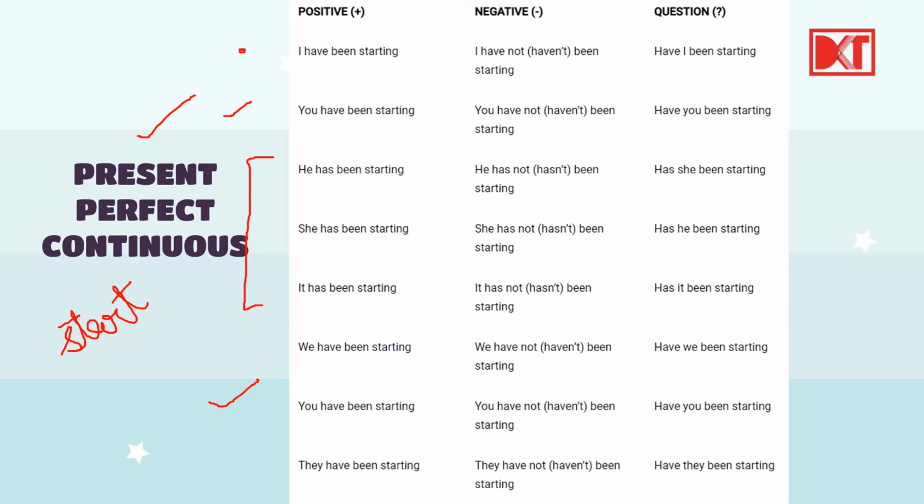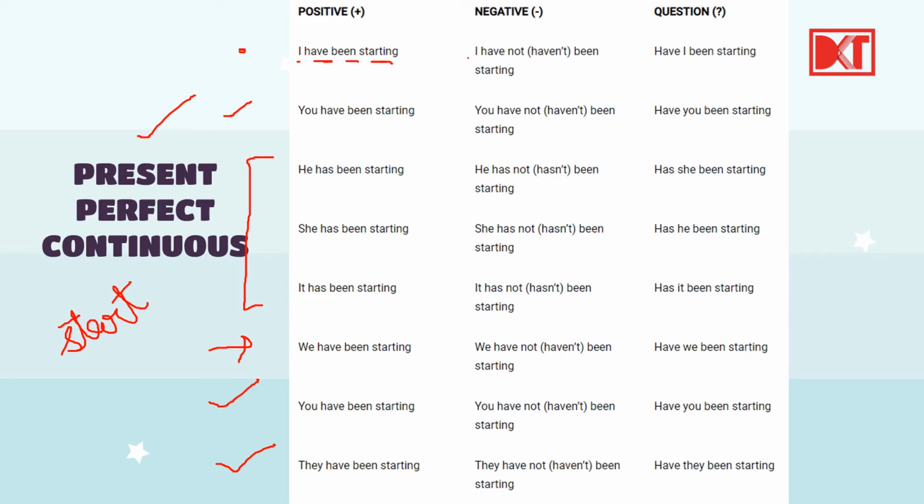Alright. Then the first person plural, we have been starting, we haven't been starting, or have we been starting. And then the third person plural, they have been starting, they haven't been starting, and have they been starting. Alright, so here you see we have subject and then have or has been and the verb plus ing.